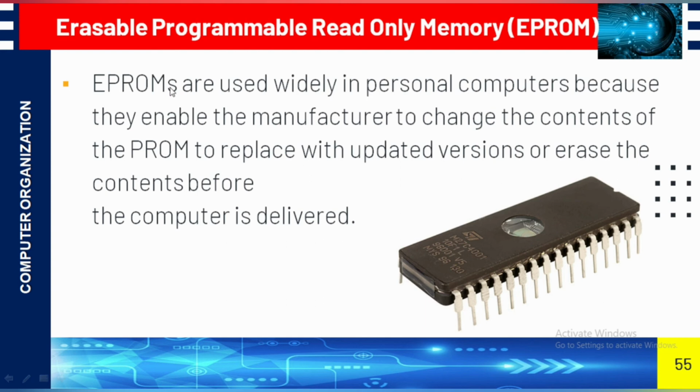Now you can see this is an example of an EPROM chip. We can replace the content stored in this chip when an updated version comes, then the old content can be erased and the new version's content can be updated in the chip and fed to the computers.